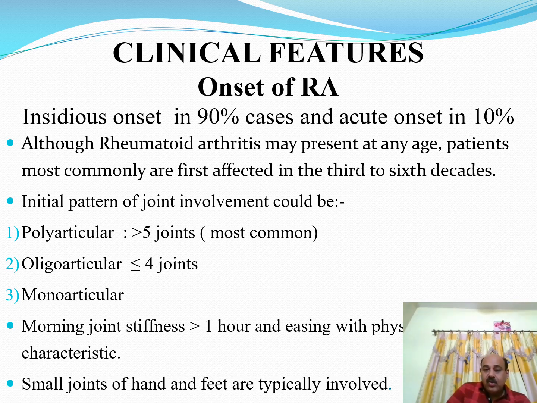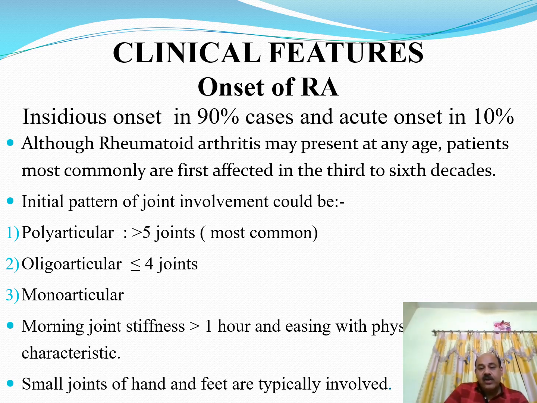Oligoarticular onset can also be there, where initially 4 or fewer than 4 joints may be involved, and very rarely monoarticular onset can also be there, where there may be involvement of a single joint. If a single joint is involved in the very beginning, that by and large goes against the diagnosis of RA.